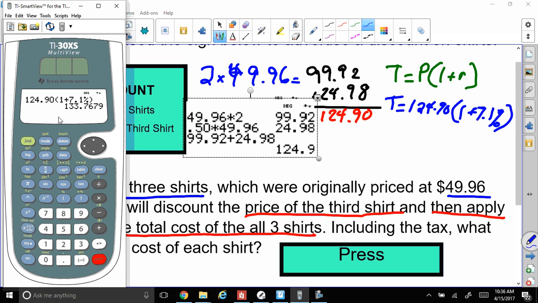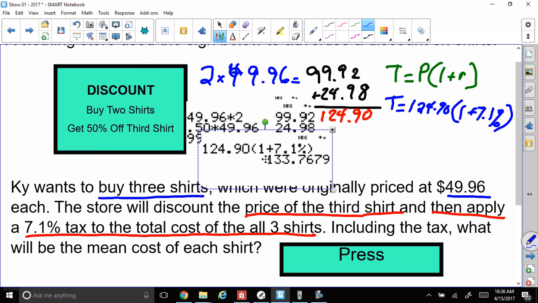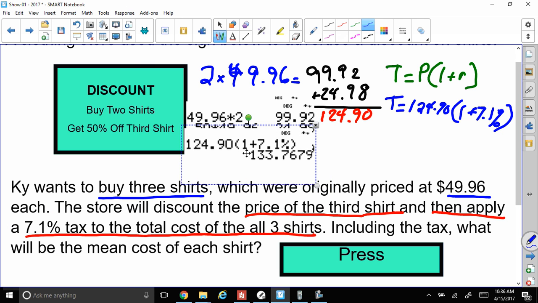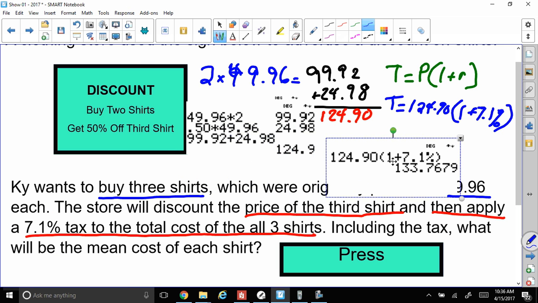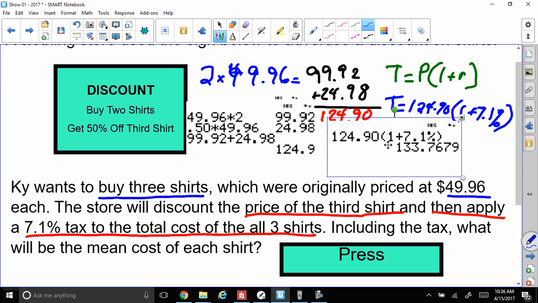There is the total cost of the shirts. So I notice it's a little bit strange because there's more than two places at the end of our number. So we would round this off, but before we round it off, let's see this last line, including the tax.